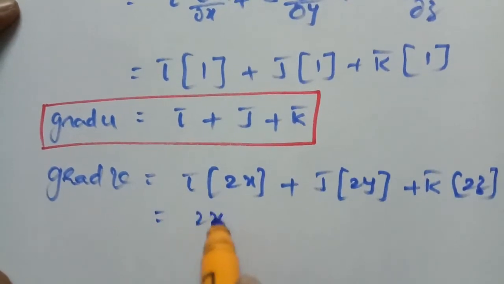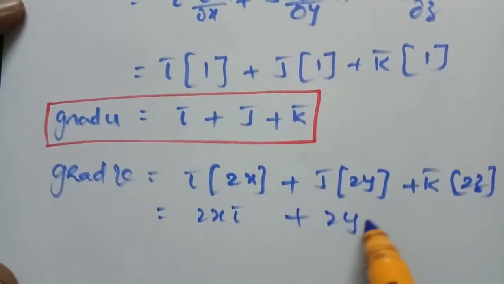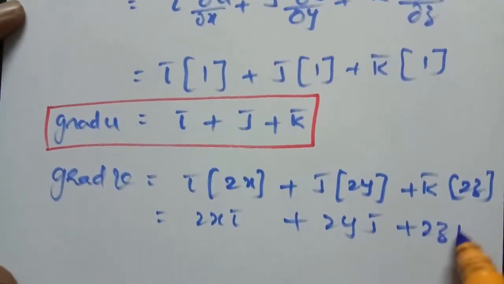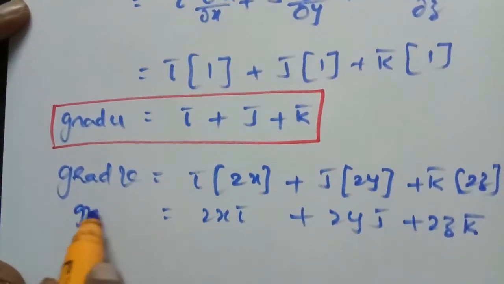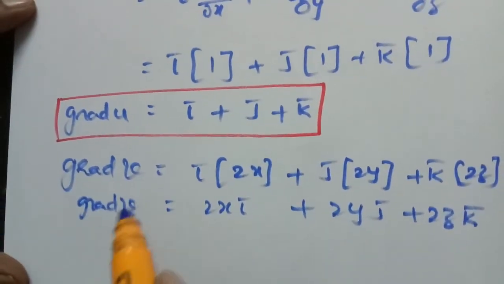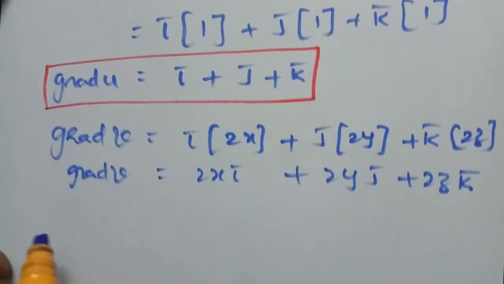Therefore, this is 2x i bar plus 2y j bar plus 2z k bar. This is grade v.